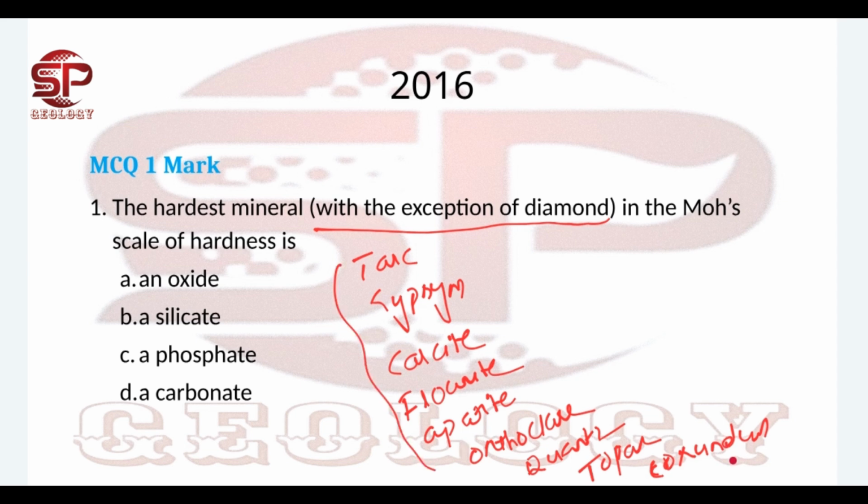So if you exclude the diamond, corundum will be the hardest mineral. It has the composition Al2O3, so corundum will be an oxide.